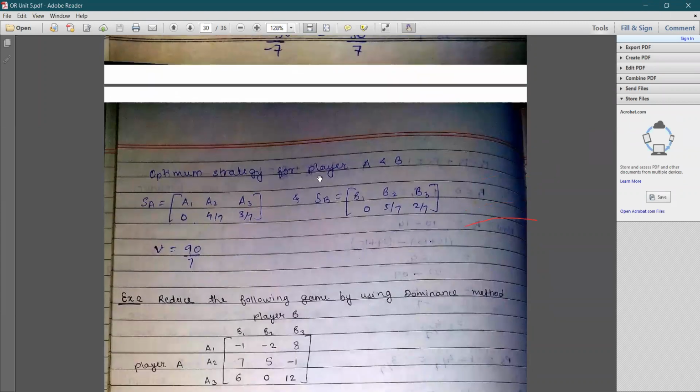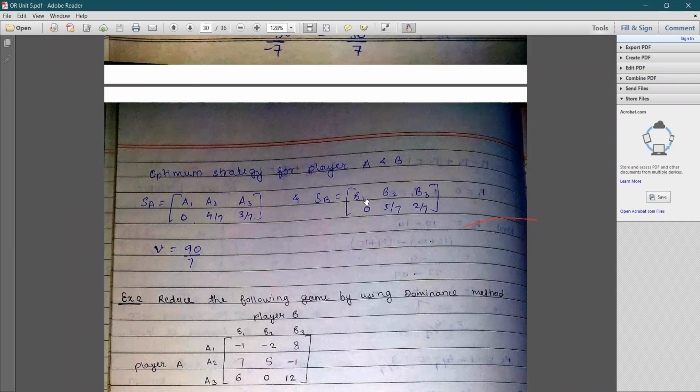Then write the optimum strategy for player A and B. The optimum strategy for player A is S of A, that is equal to A1, A2, A3. The first row A1 was deleted, therefore here the value of P1 is 0, and the values you found are 4/7 and for A3 it is 3/7. And S of B is equal to B1, B2, B3.